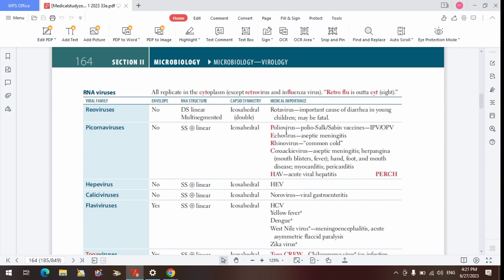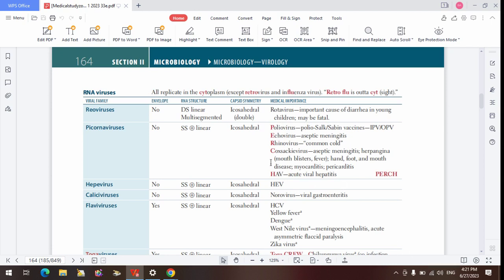So if there's bloody diarrhea in a young child, which organism comes to your mind first? Based on all those highlights that we have been talking about, which of those organisms causes bloody diarrhea in a young child? Anybody?